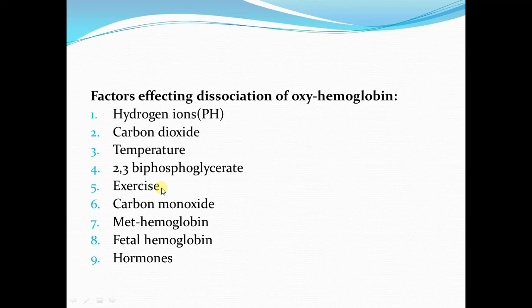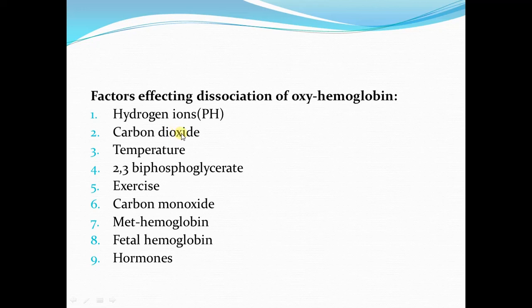During exercise there is more metabolism, more formation of acid, so hydrogen ion concentration is increased, which will help in dissociation of oxygen from the hemoglobin and will shift the curve to the right side. Then there is more carbon dioxide because more metabolic activity is going on in the exercising muscle.